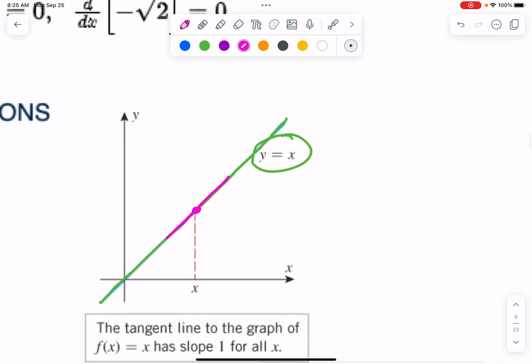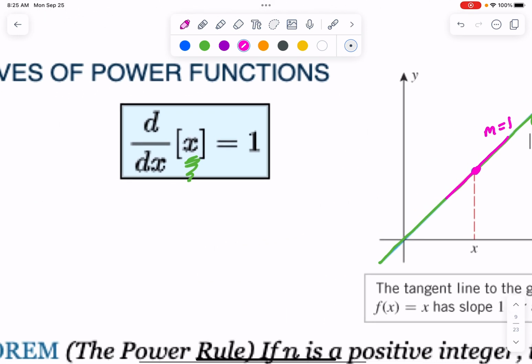The tangent line is going to be on that line exactly. So its slope is going to be the slope of the line. And in this case, it's 1, because the slope here for x is 1. So the rule for this one is that the derivative of x is 1.